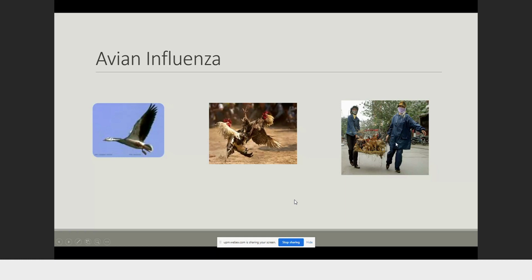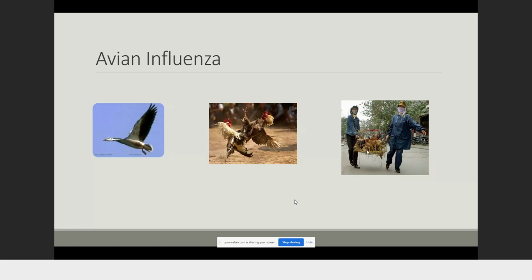And live poultry markets are also common in Asia, particularly in Southeast Asia and China. These are the areas where mutations or reassortments of avian influenza will occur.